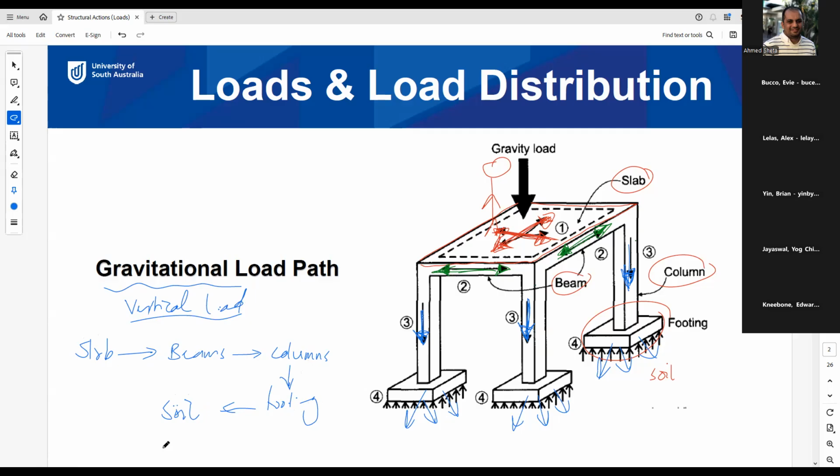So the load transfers from the slab, the first one, to the surrounding beams, and then to the column.